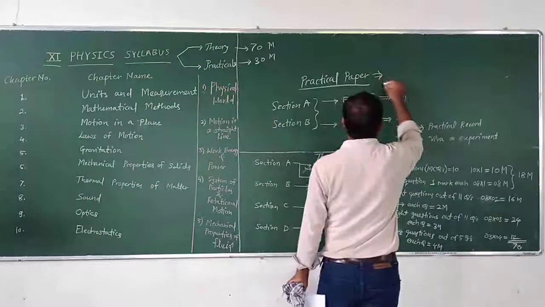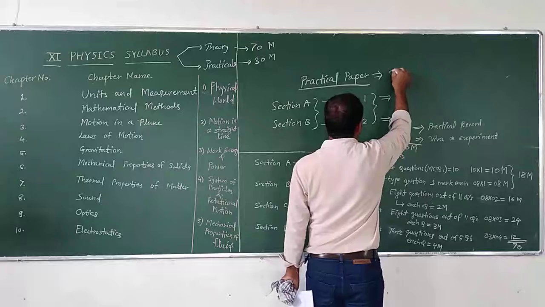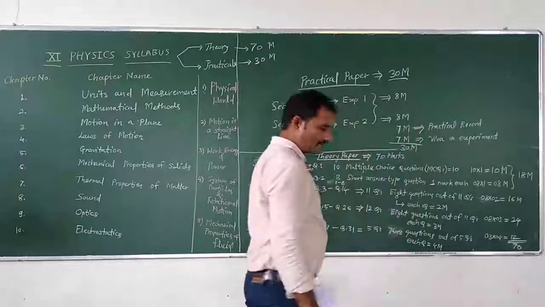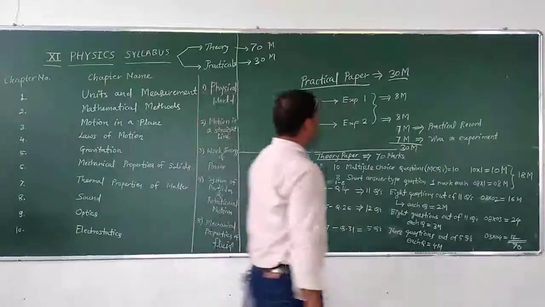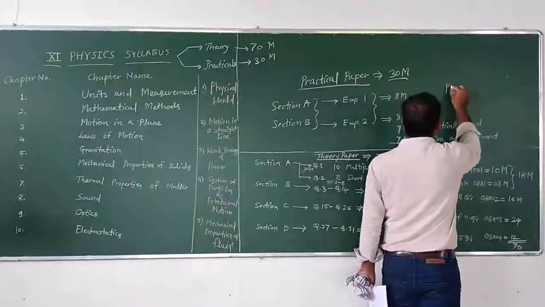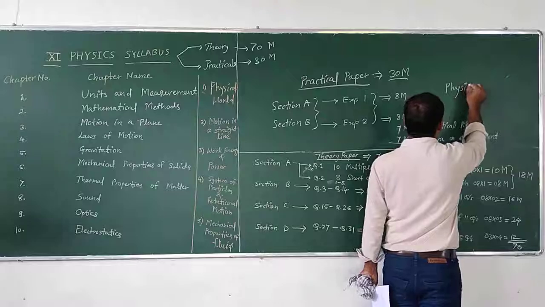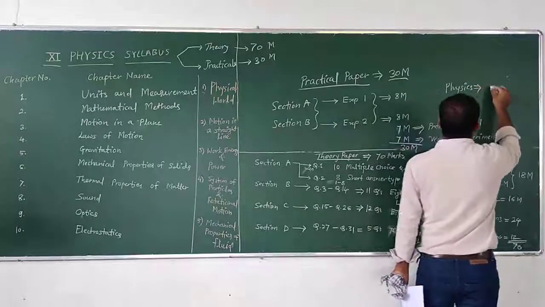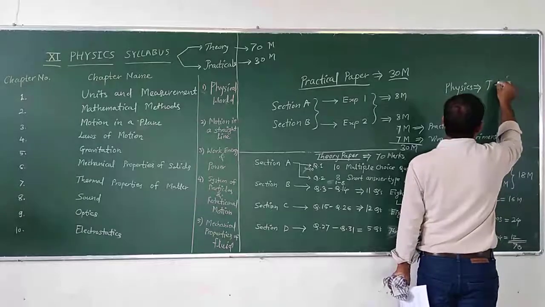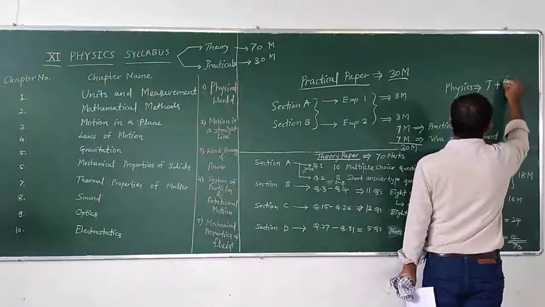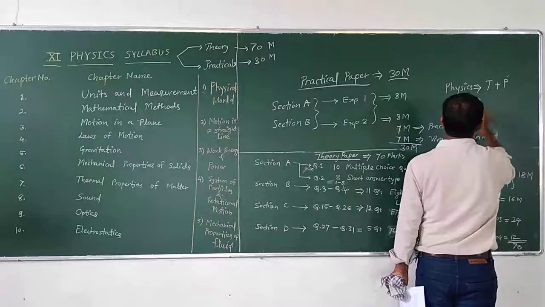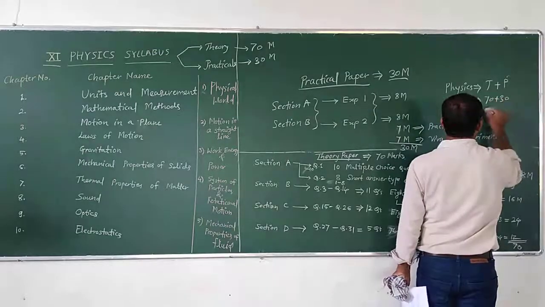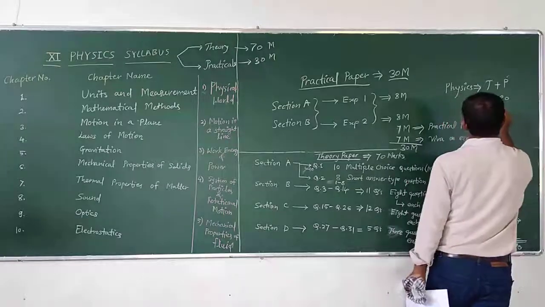So practical paper is having 30 marks. So total marks for your physics paper is theory, I will write T, and practical. So total marks are 70 plus 30 is 100 marks.